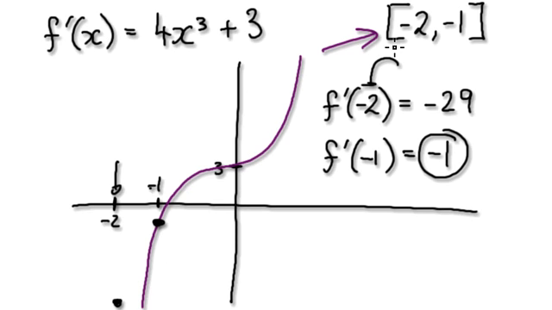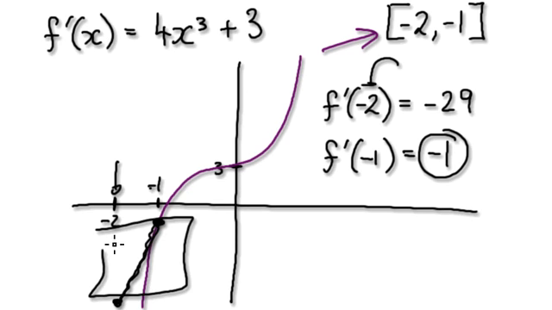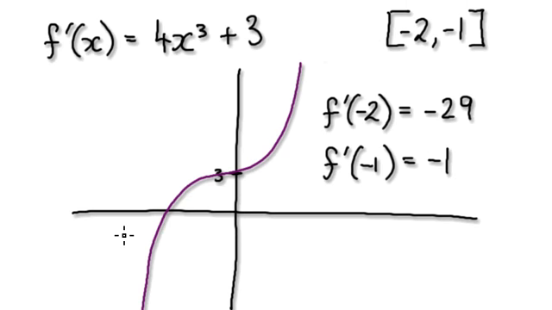So you can see that in this interval the gradient is always in the negative realm. Well, if the gradient is always in the negative realm in this interval, then it would imply that the original function must always be falling, because the gradient is always negative within the region that we're talking about.